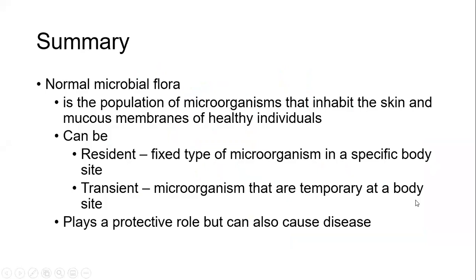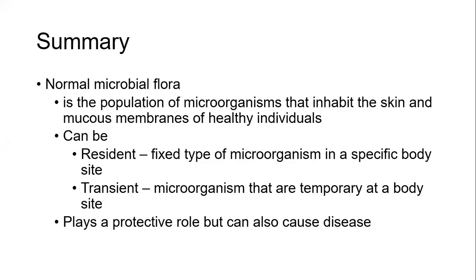So in summary, we've said that normal microbial flora is a population of microorganisms that inhabit the skin and mucous membranes of healthy individuals, not sick individuals. What's found in sick individuals is very specific to sick individuals.